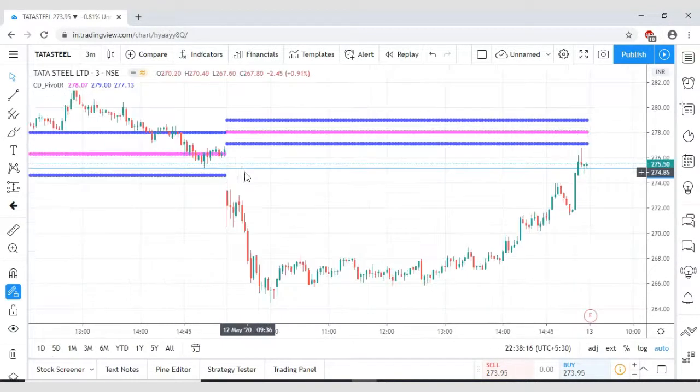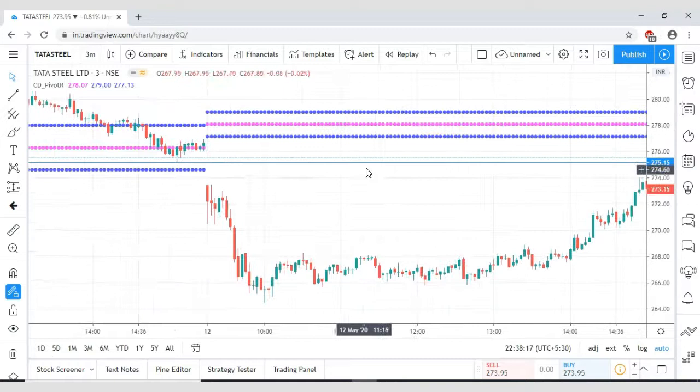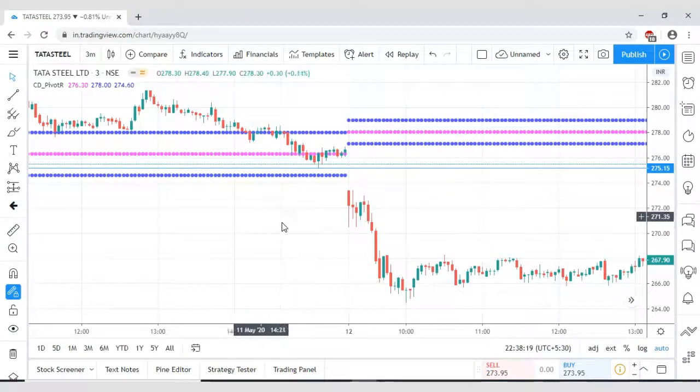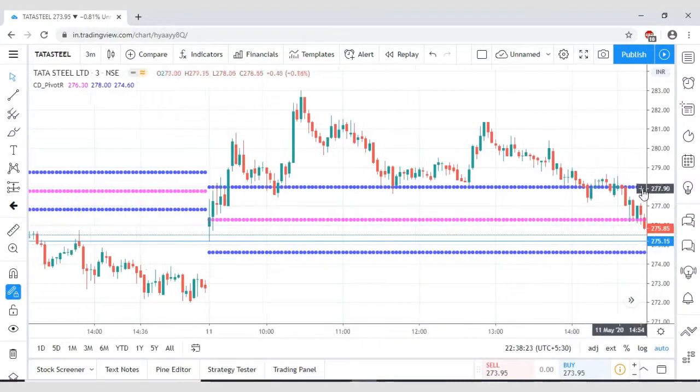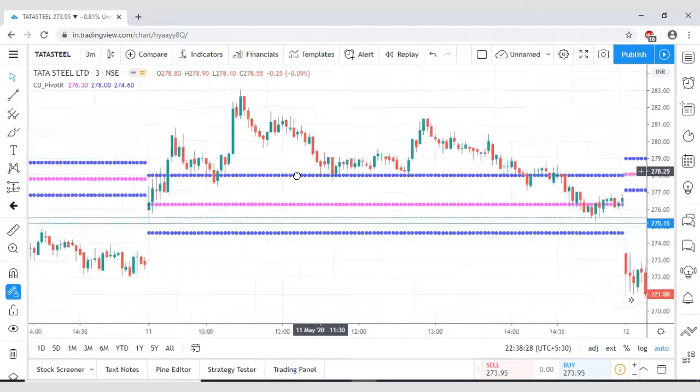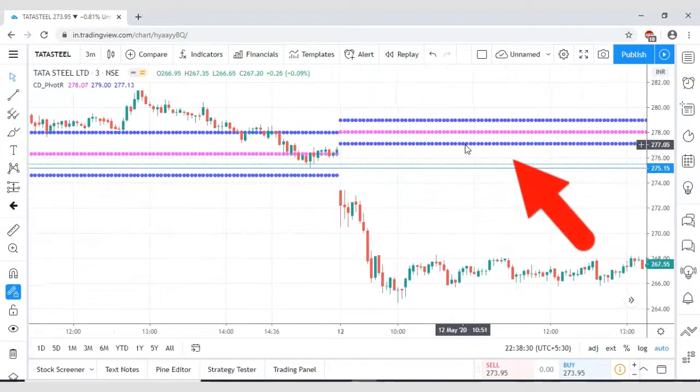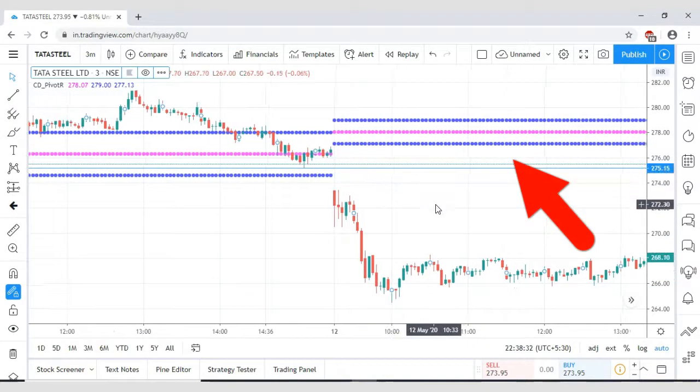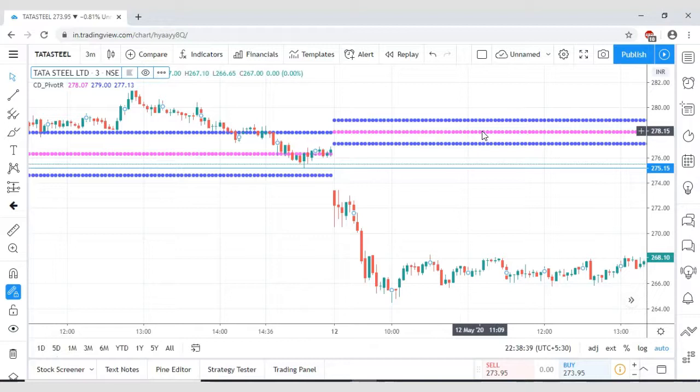So let's come to the point now rather than discussing all these things. Basically, what a CPR will give you, I'll tell you in three points. First thing, the next day's range will be decided. Remember this, this is the CPR range, and you can see the pink color line, this is the pivot, PP.